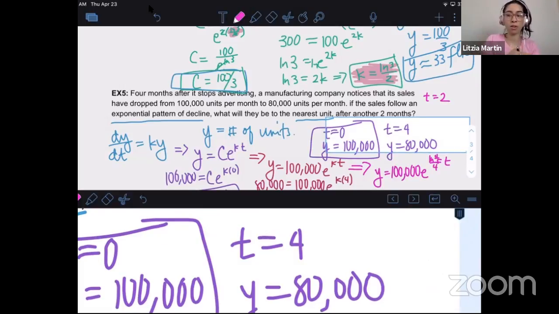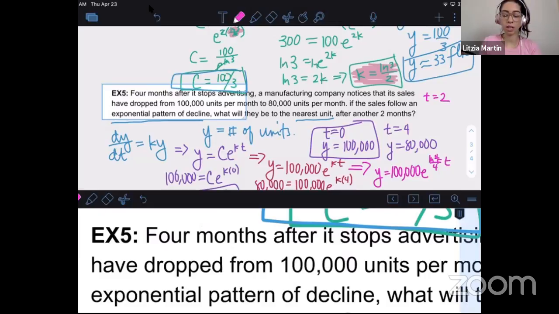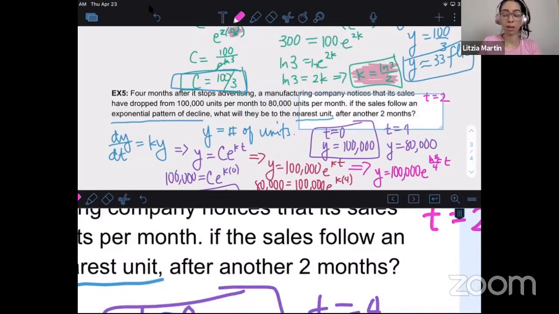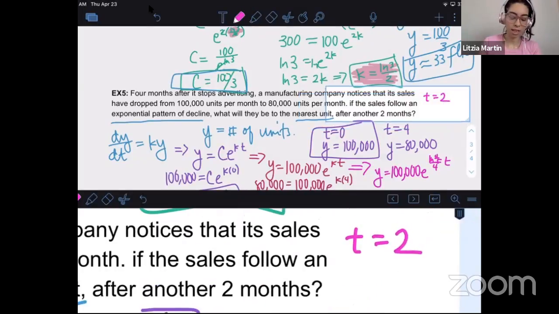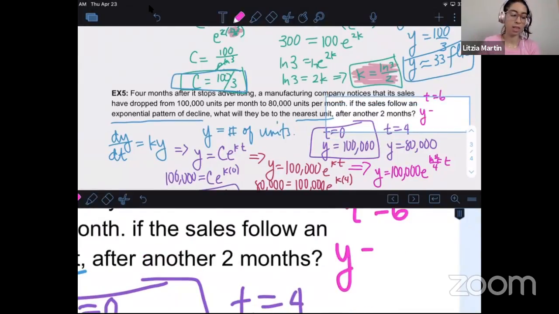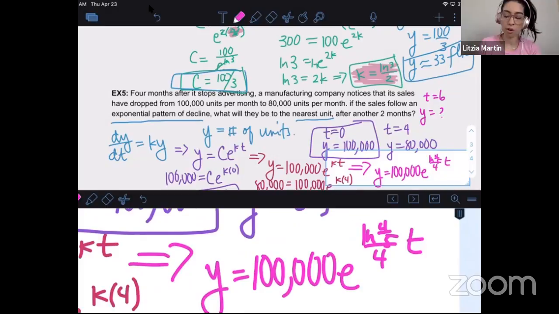We start at 0 and then it says 4 months after we're at 80,000. So we want to know after another 2 months, how many units are we going to be? So that means t is equal to 6. So we're trying to figure out what y is equal to when t is 6. We're going to go ahead and just plug in t, and then we can solve for y.